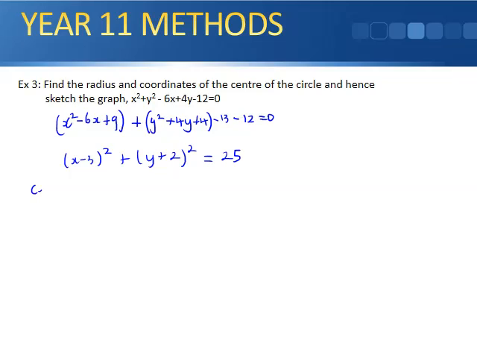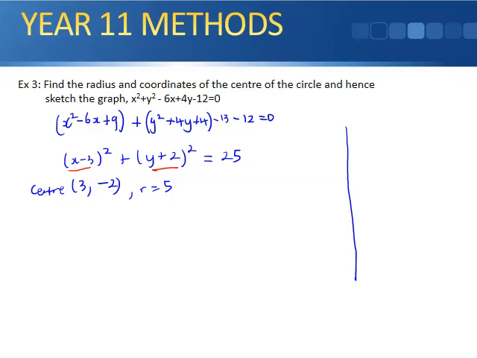So my centre is 3 and negative 2, which we can get from there and there, and my radius equals the square root of 25, which is 5. And then again I have to sketch it.